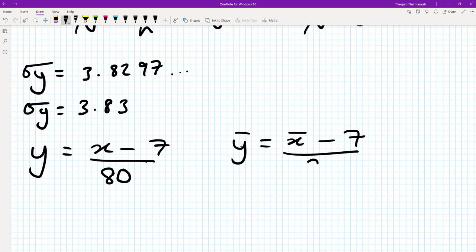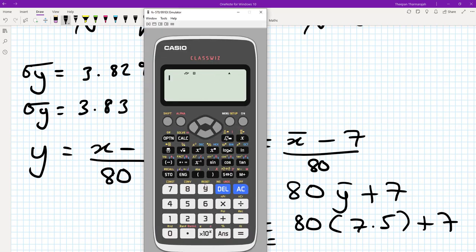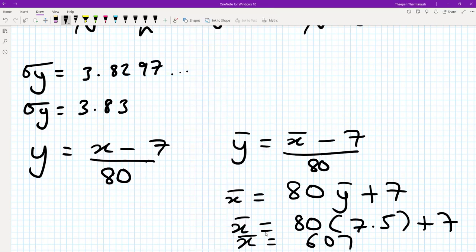Rearrange it so that x bar is 80 times y bar plus 7. So in our case, it's going to be 80 times 7.5 plus 7. And that gives us 607 as the mean.